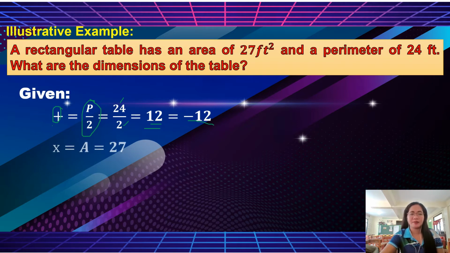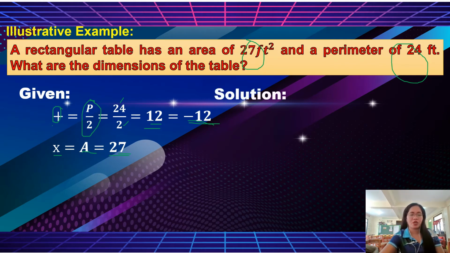Next, the product of roots is equal to the area, and our area is 27. So the sum of our roots is negative 12, from the perimeter divided by 2, then its opposite. And the product of roots is 27.